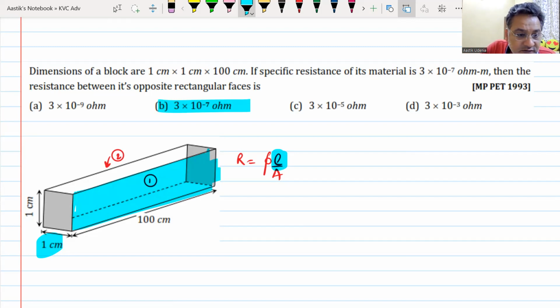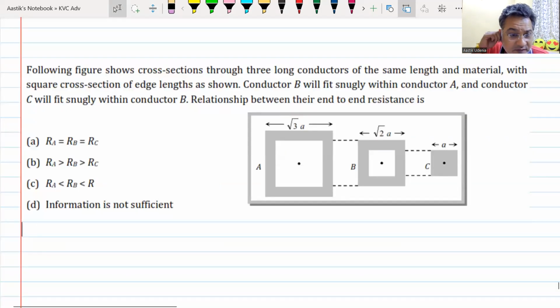One last question that will cover all types of questions that can come in this particular section. This is the one that we are looking at. The following figure shows the cross-section area of three long conductors of same length and material with square cross-section areas.